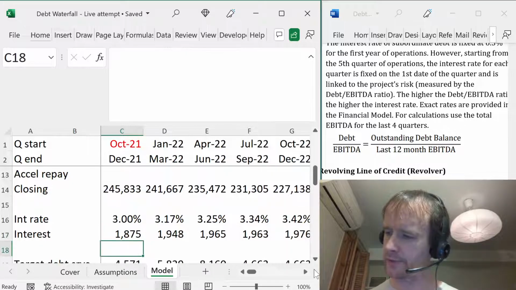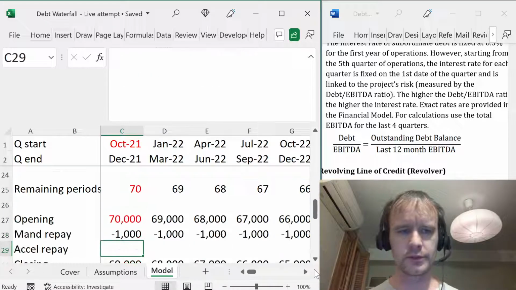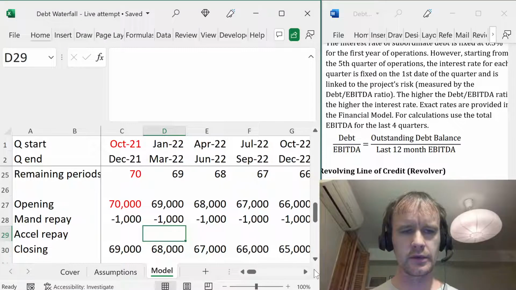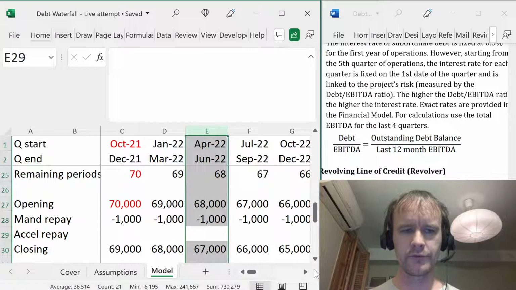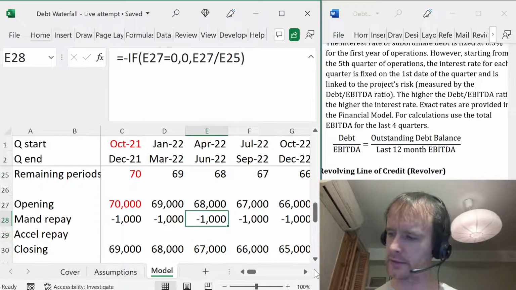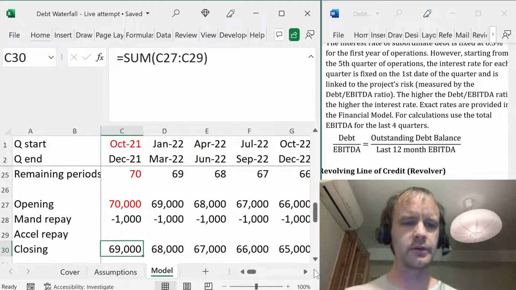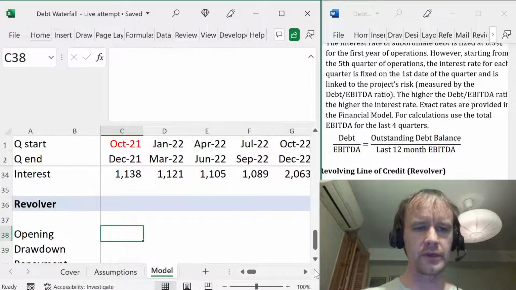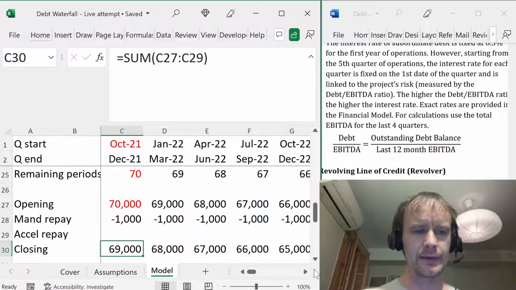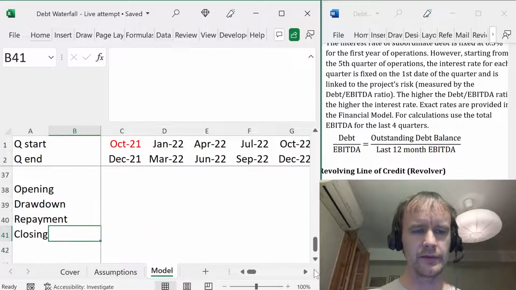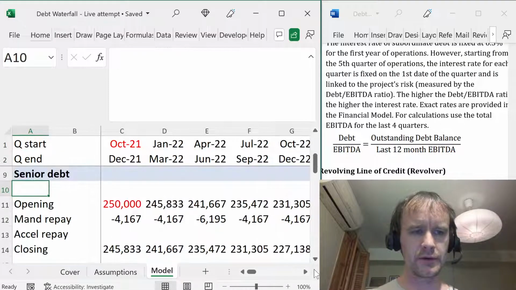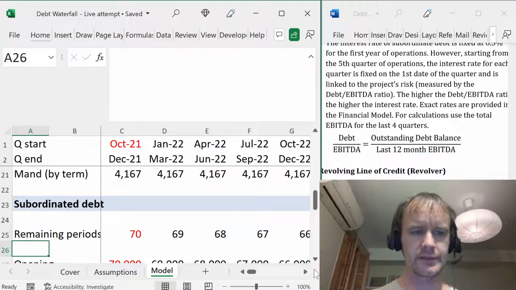Mandatory repayment amount for the subordinated debt in Q2 22, that is probably going to depend on figuring out accelerated repayments. Right now it looks like $1 million, but our answer is supposed to be a little bit less than $1 million. So we need to do the cash flow waterfall before we can get to that. Okay, so that is up to the accelerated payments, which will require the waterfall. That's the subordinated debt model.